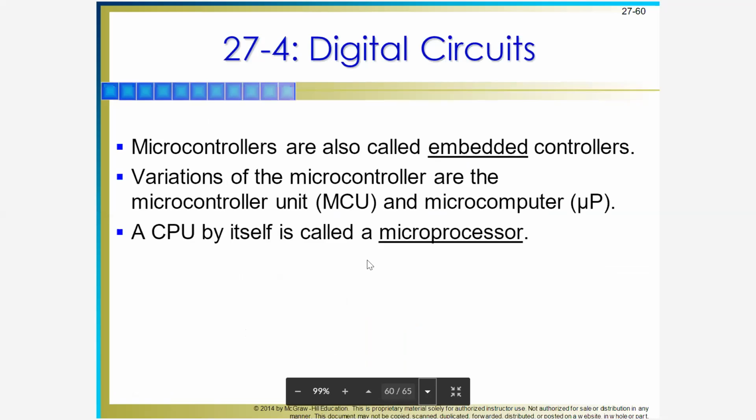It means they are composed of many types of circuits or assemblies. Variations of the microcontroller are the microcontroller unit, or MCU, and the microcomputer. A CPU by itself, the brain of the computer, is called a microprocessor.